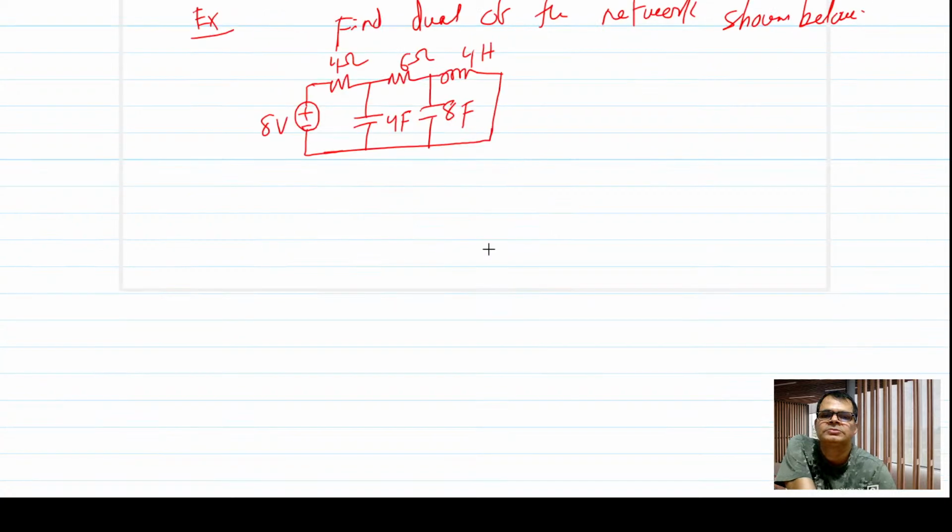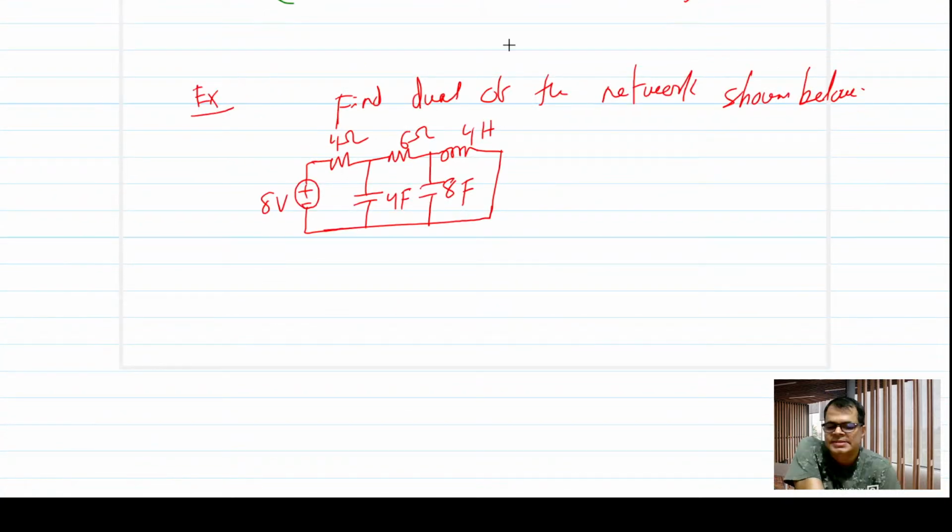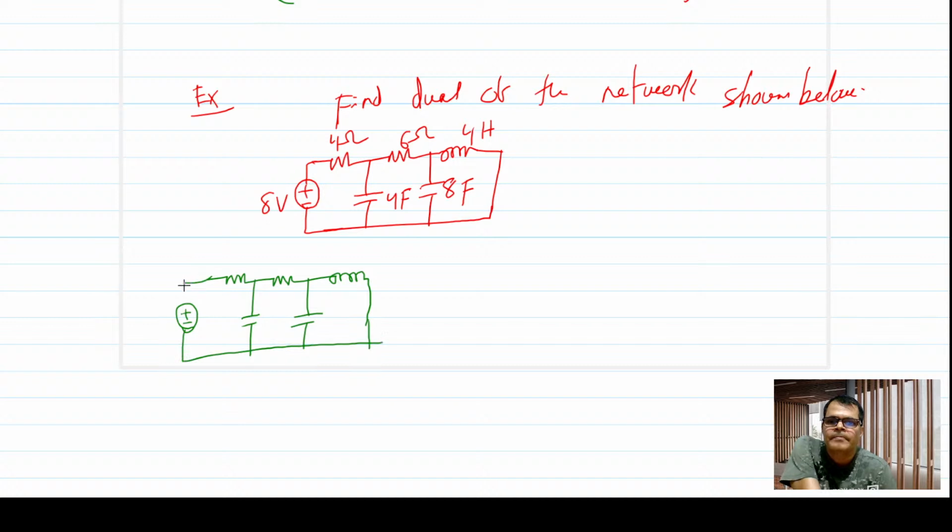I need to find the dual of this network, so first of all I need to redraw the circuit.